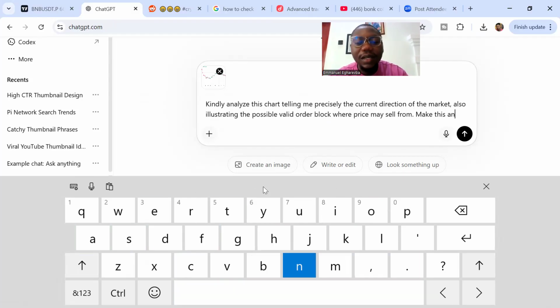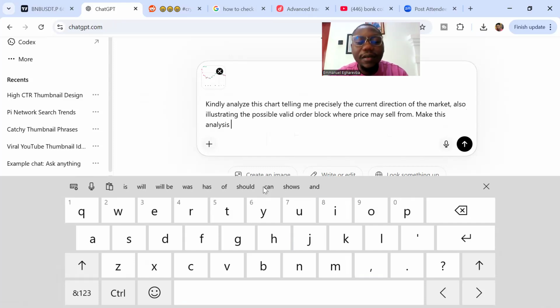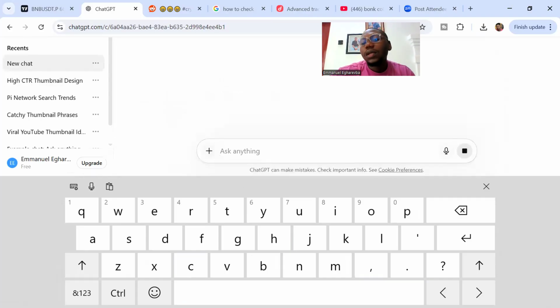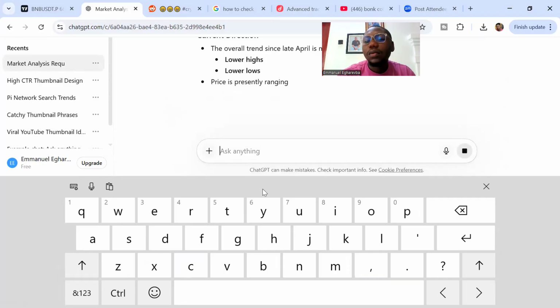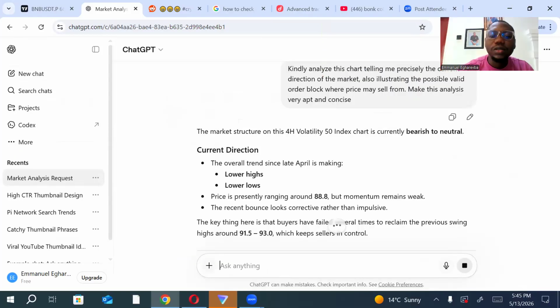Make this analysis very apt and concise. Okay, I've given it a prompt. Let's see what ChatGPT is showing us.